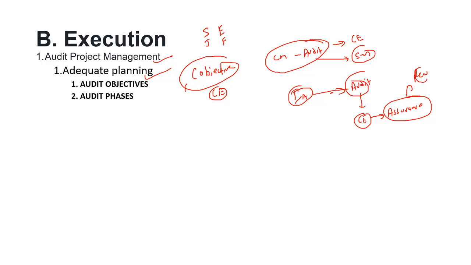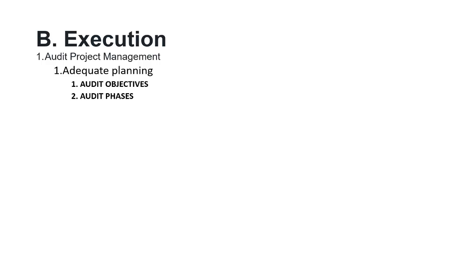The second topic is audit phases. It's very important to understand that every audit has phases. We split the entire activity into phases. Each phase in the execution of an audit can be divided into key steps. The first step is plan.